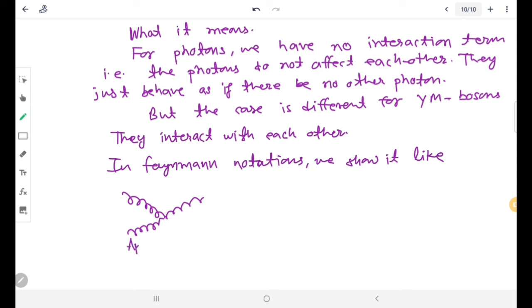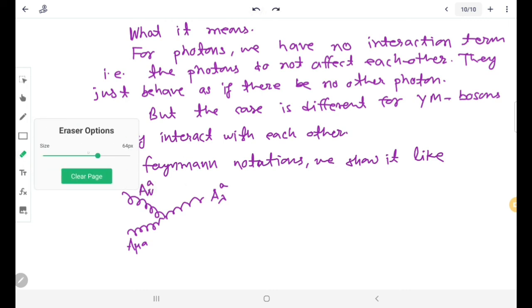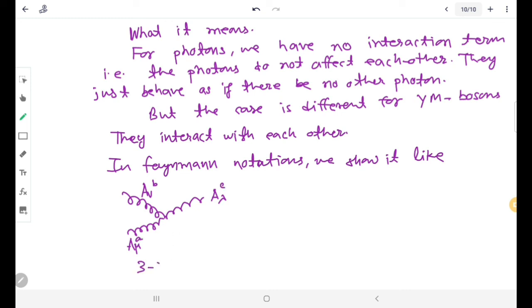We call it A mu A, and this one is A nu A, and this is A lambda. Or you can have the different indices as well, the Yang-Mills indices. So A nu B and A lambda C. Okay, this is called 3 interaction.